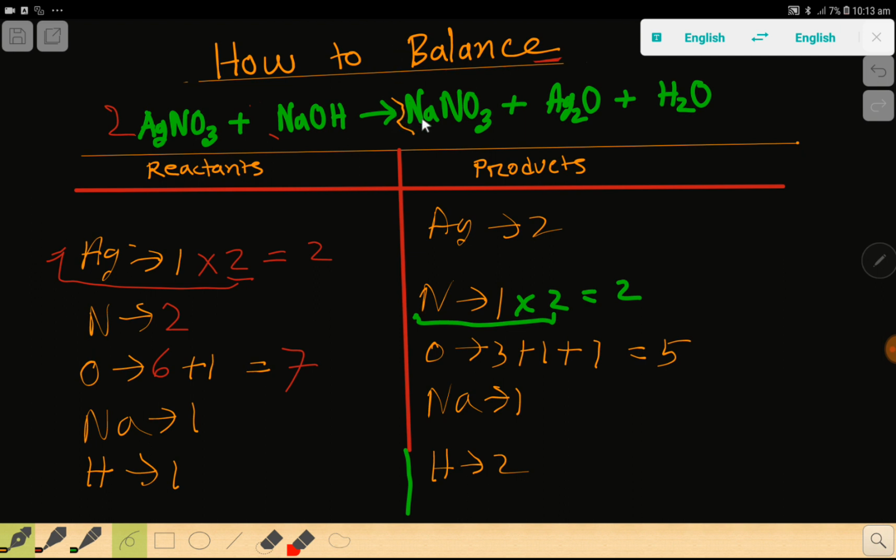If you place 2 here, the number of sodium will be 2, so you need to update the number of sodium. Then the number of nitrogen will be 2, right? So already we have written the number of oxygen here 6, so you need to write here 6, right? So 6 plus 2 is 8, that is you need to write here 8.